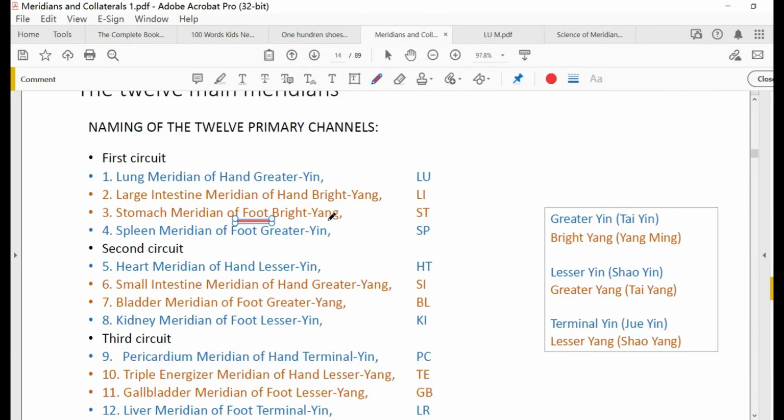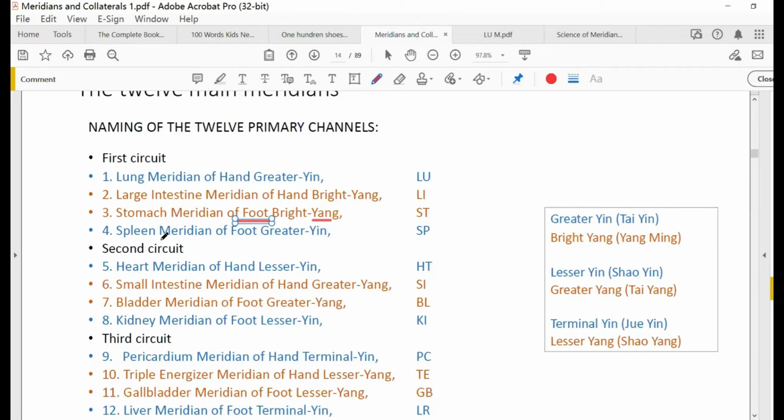And it's a yang meridian. That means the yang organ. Stomach is the yang organ, and is it a zang organ or fu organ? Fu organ, right? Yang, fu organ. Yin, zang organ.